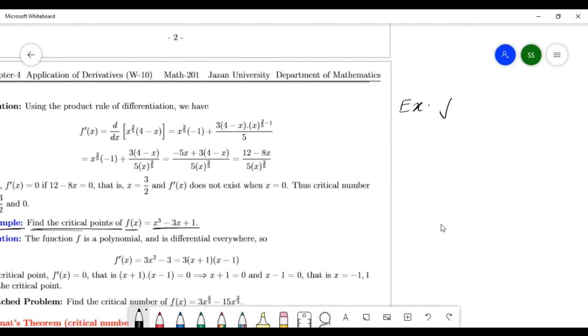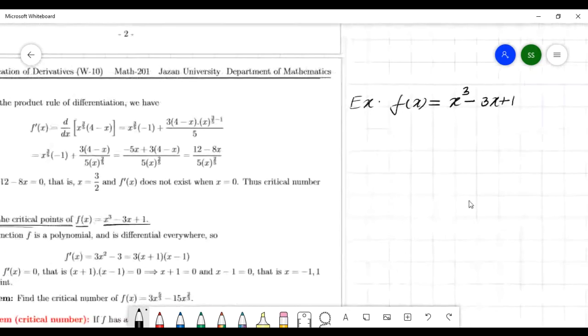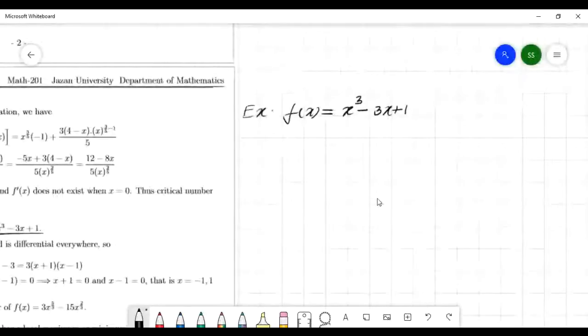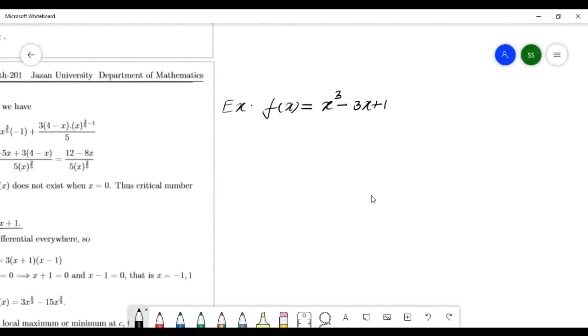This is the function f of x equal to x power 3 minus 3x plus 1. You have to find the critical number. This is the question. See the solution, how to find the critical number.